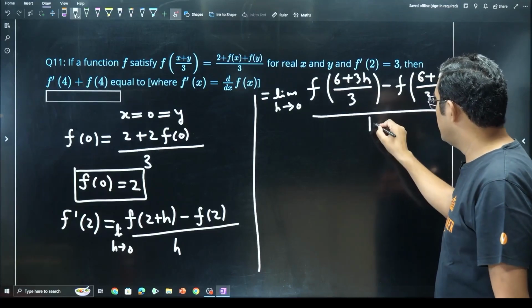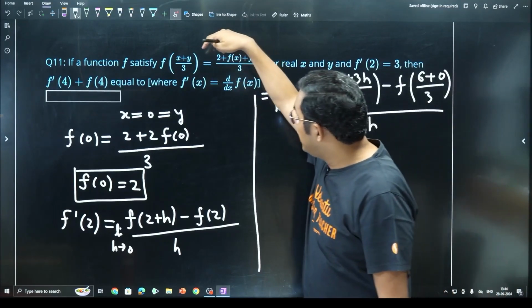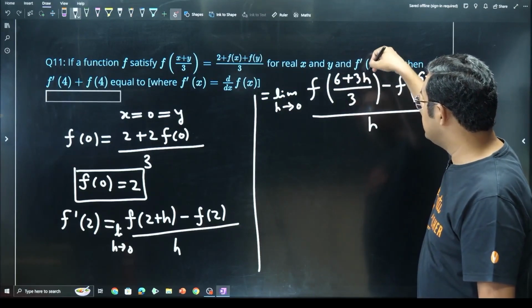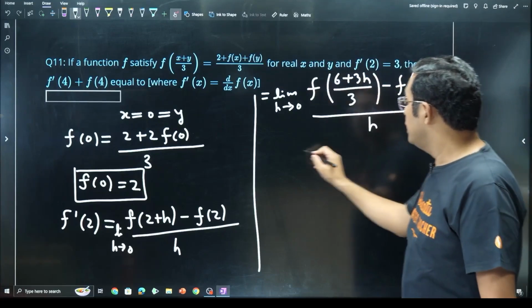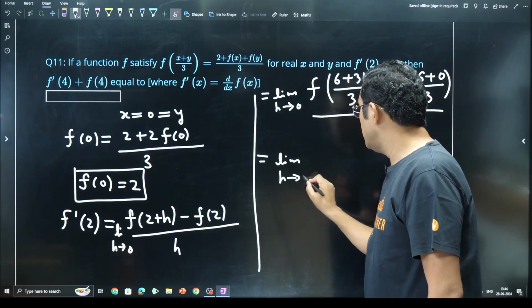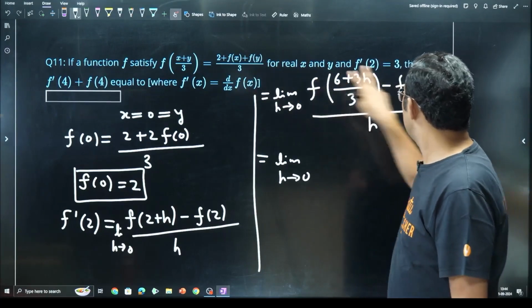Now because we know the expression for f of (x plus y) by 3, here x is 6, y is 3h, and here x is 6, y is 0. If you put them in, you will get a few terms cancelled as h approaches 0. f6 will be cancelled, 2 will be cancelled.